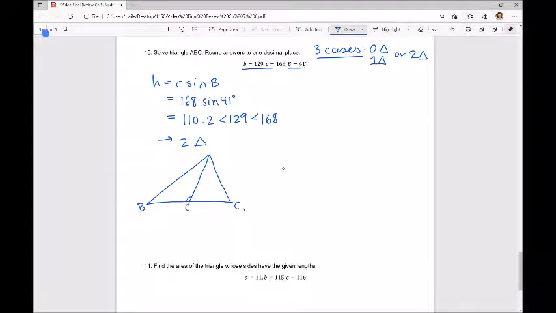This angle is going to be C2. And then this is where it gets a little confusing. This big angle at the top is going to be A1, and this smaller angle here is going to be A2. And then let's label our sides. So we have side B, side C. This big bottom side is going to be A1, and this smaller bottom side is going to be A2.